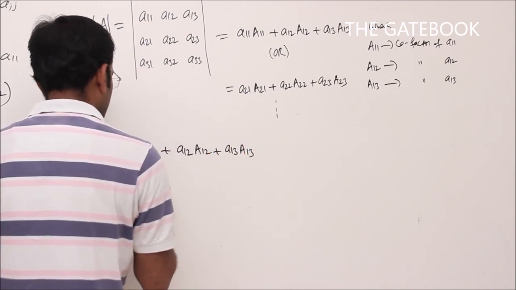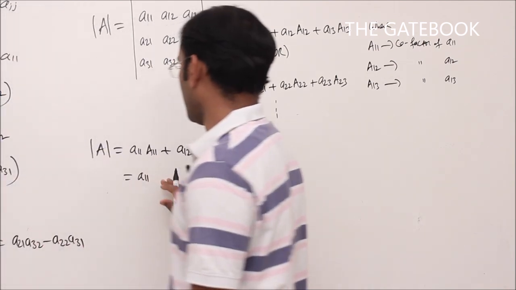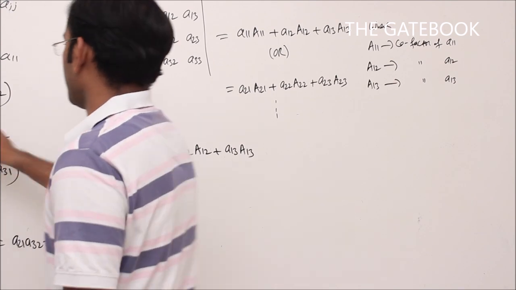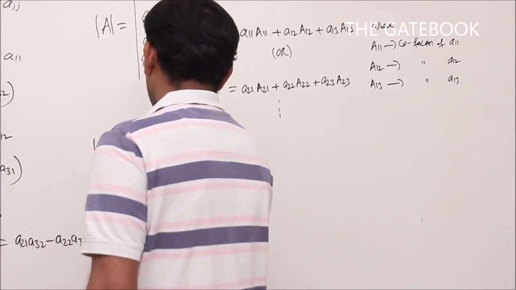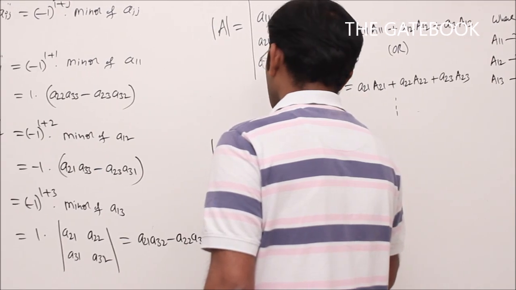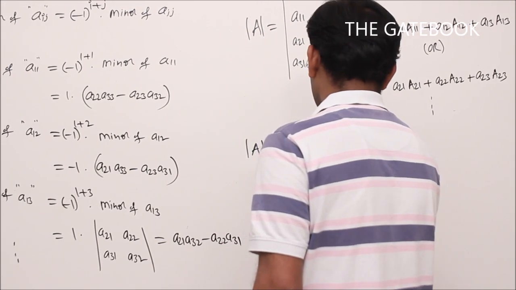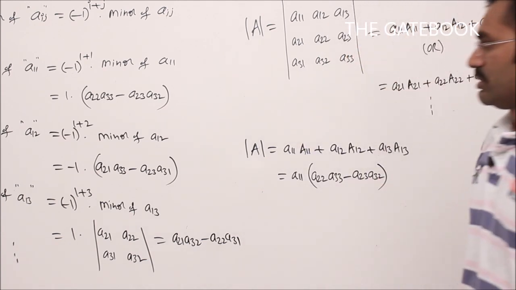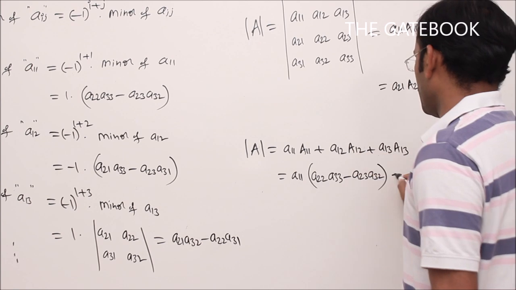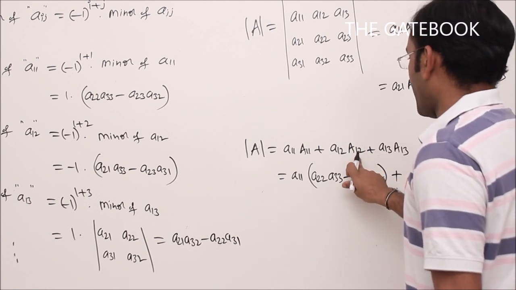So A11 into the cofactor of A11, which we already found: A22 A33 minus A23 A32. Next, plus A12 into the cofactor of A12.